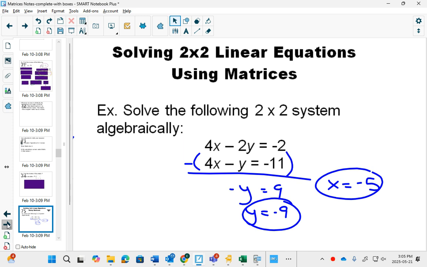Like if you had 5 equations with 5 unknowns, strap yourself in. It's going to be a long night of solving with our other methods. And the matrices could be really quick, especially if you have a calculator. I mean, now you guys have AI. You just solve this one.